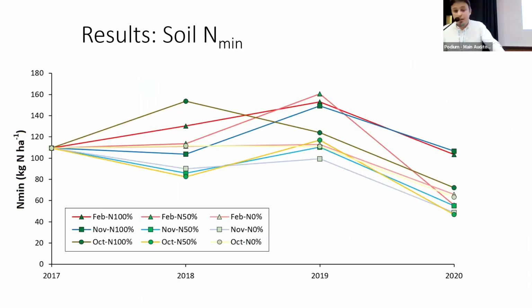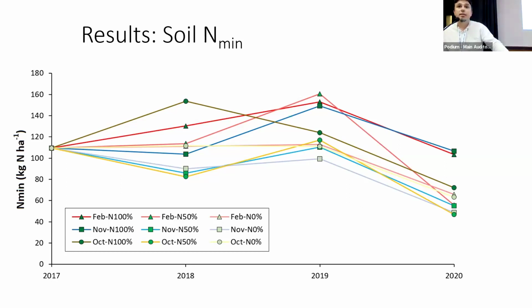With respect to the nitrogen in the soil, we see something similar, and we see that there are a lot of lines, but the main thing is in the bottom of the graph, we always find the non-fertilizer treatment, but also the half fertilizer that has been sown in October and in November.